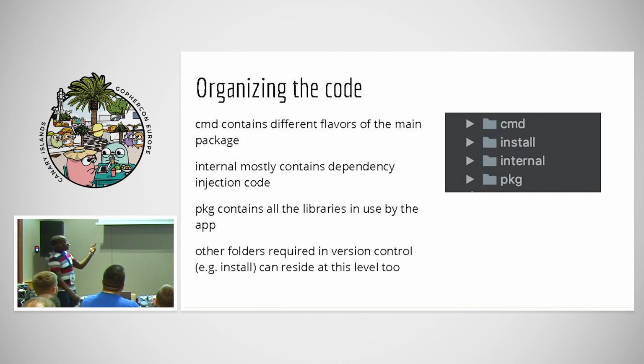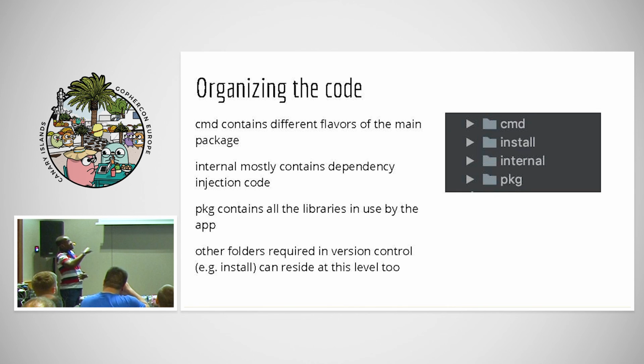And then we have the internal package, which contains my dependency injection logic and anything internal that is very specific to the application that is about to be run. So this will bootstrap everything, put everything together so that the main functions in CMD can easily just use this in their logic.